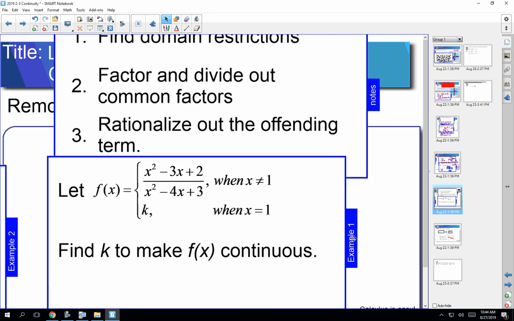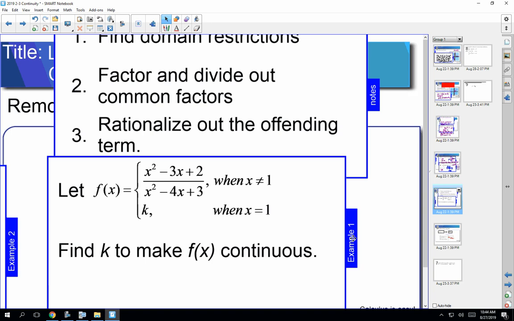Let f of x equal (x squared minus 3x plus 2) over (x squared minus 4x plus 3), and then the last piece is k. We're going to find that value k that will fill in the hole at x equals 1. We're going to take this piecewise function, which has a removable discontinuity, and fill it in.